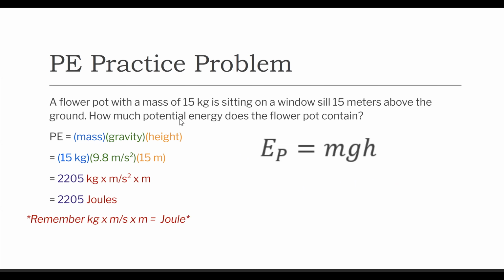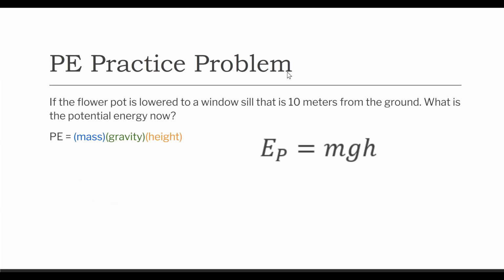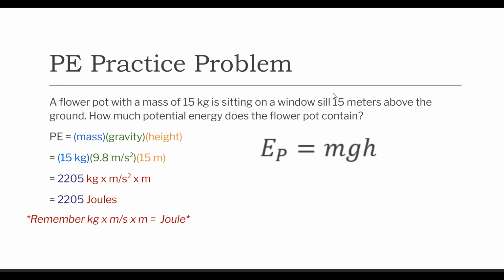So it's the same flower pot from this problem, okay, but now the height is different. Same flower pot from this problem, but now the height is different. So I'm just going to mark this one, okay? So what they're saying is now it's at 10 meters. So now you are telling me the answer if it was at 10 meters, okay?